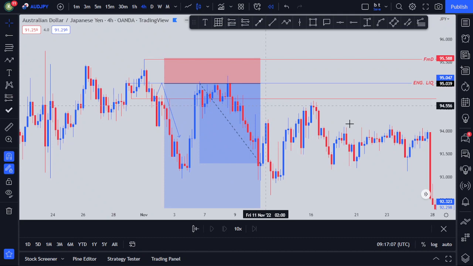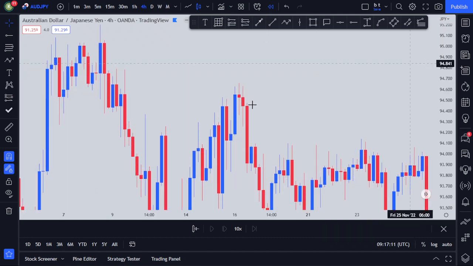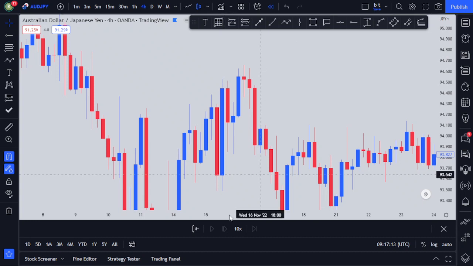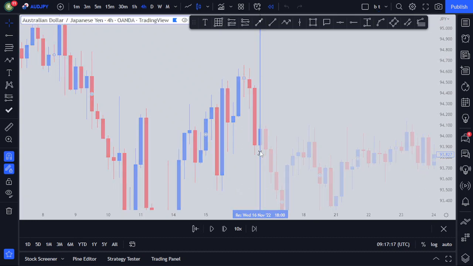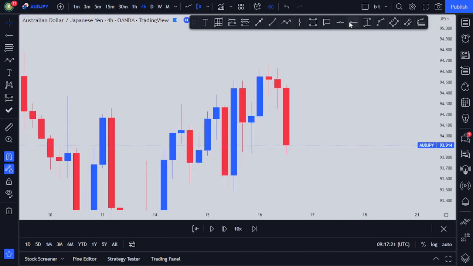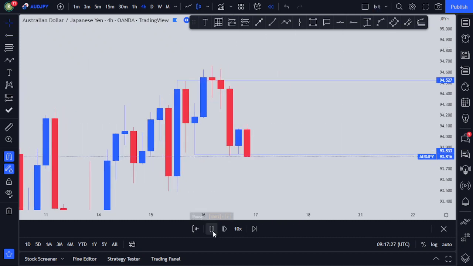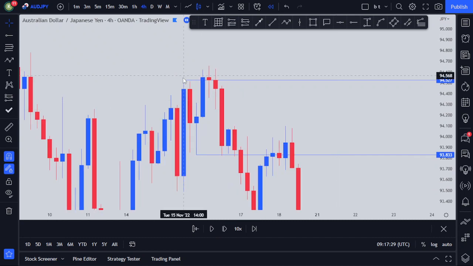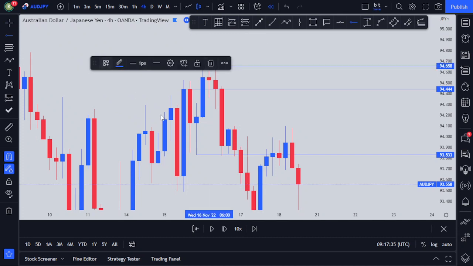And we have another untested engineer liquidity. Let me remove everything. We have another untested engineer liquidity over here. So if other confluences agree or not, remember we took this high, so we wait for this low to be taken. The low is taken, so it means this place qualifies to be engineer liquidity, and here is the furthermost deviation.